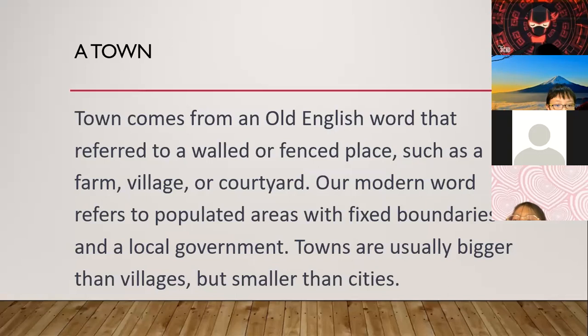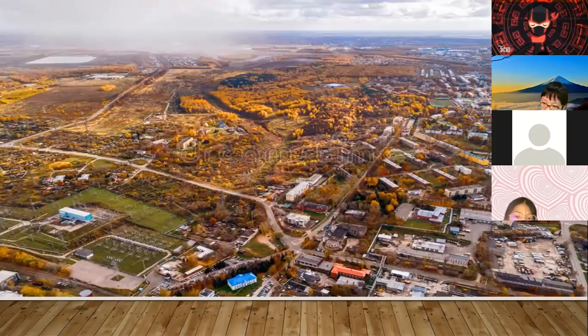Okay, so next, a town. Town comes from an Old English word that referred to a walled or fenced place, such as a farm, village, or courtyard. Our modern word refers to populated areas with fixed boundaries and a local government. Towns are usually bigger than villages, but smaller than cities. So here we have some towns.